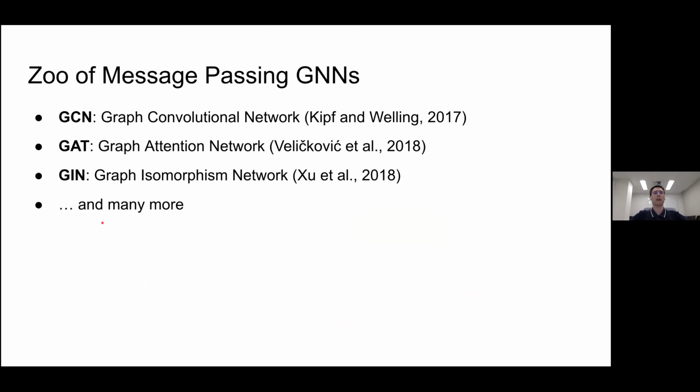So as I said, we can parameterize this aggregation and update process with different neural networks or with slight variations, and that really gives a whole zoo of message passing GNNs that have been published in the past several years.